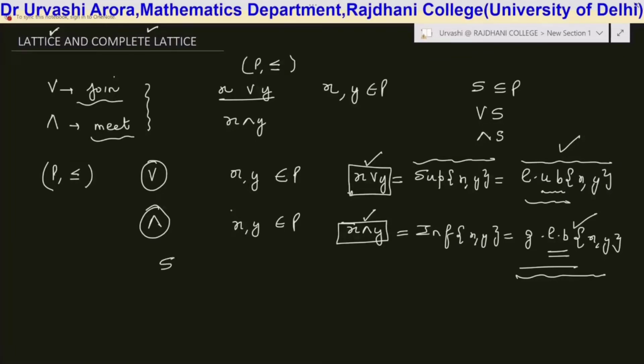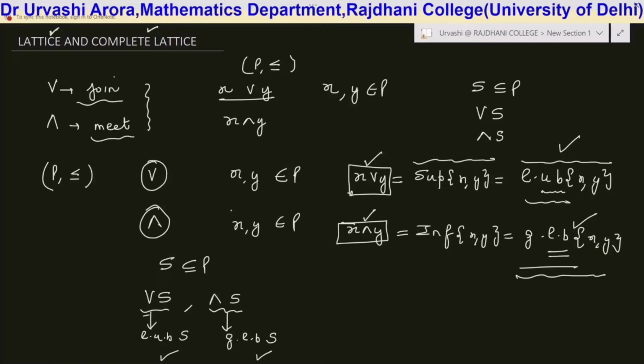Again, if S is any subset of P, then you can always talk of the join of S and the meet of S provided they exist, where the join of S would mean the join of the elements of S, whatever elements S has, and the meet of S would mean the meet of elements of S. This would be the least upper bound of elements of S, and this would be the greatest lower bound of elements of S, provided these two exist.